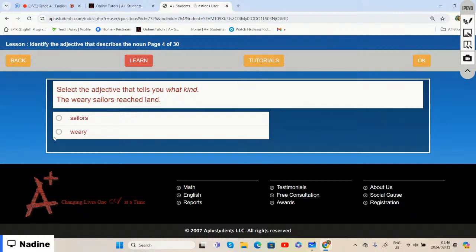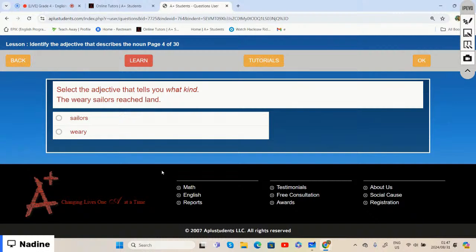All right. And the last one. It says, the weary sailors reached land. We need to select the adjective that tells us what kind. Do we say it is sailors or do we say it is weary? They are describing the sailors.